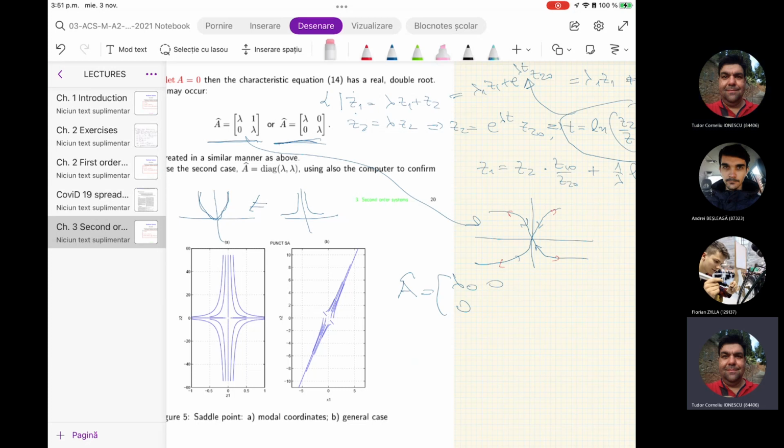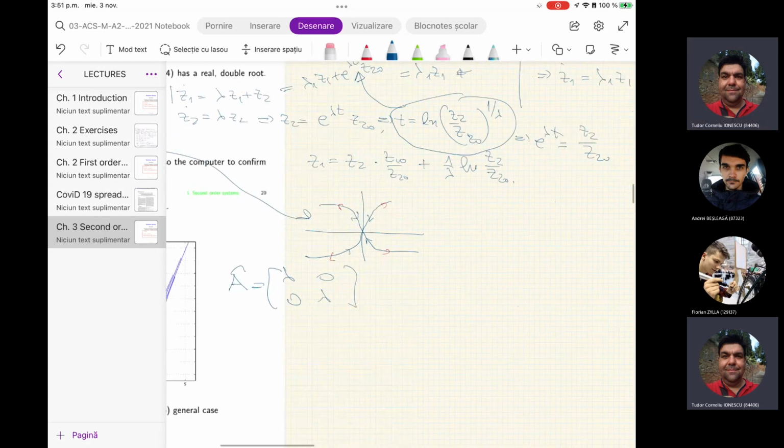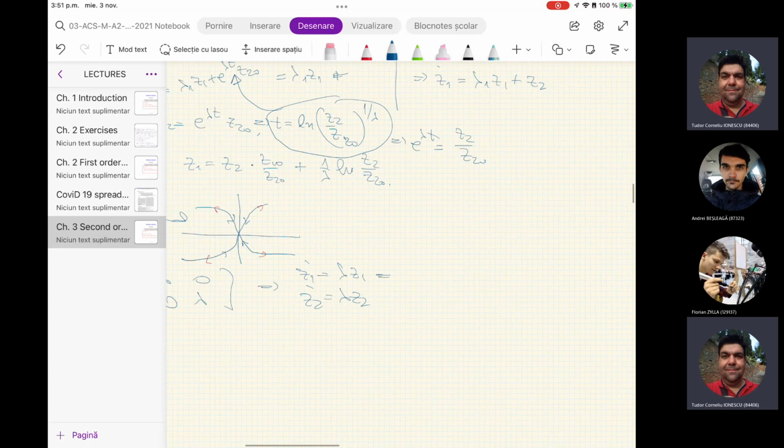So here you get, for when A hat is lambda 0, 0, lambda, Z1 dot is lambda Z1, Z2 dot is lambda Z2. Actually, they're not equal.